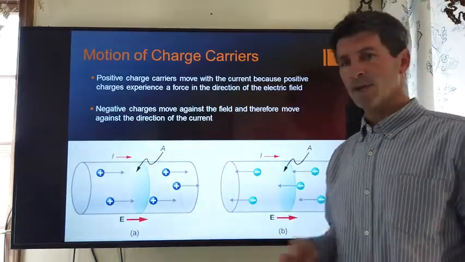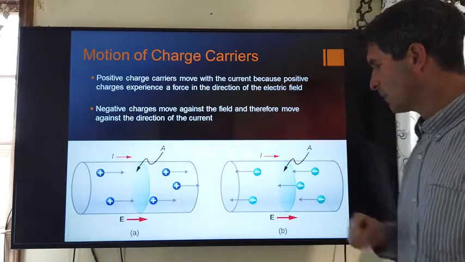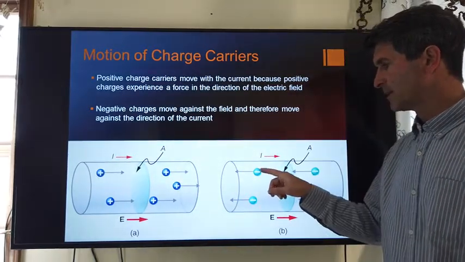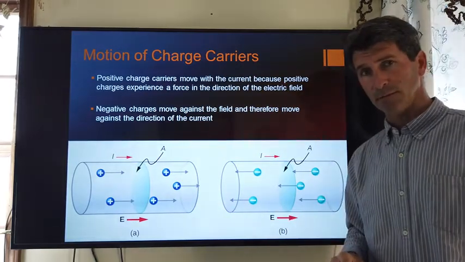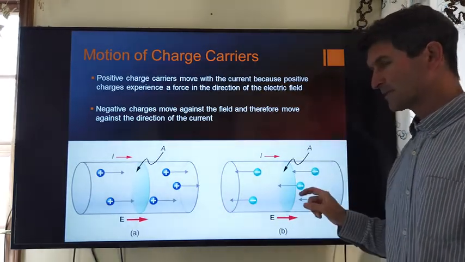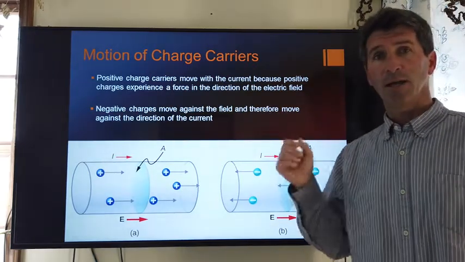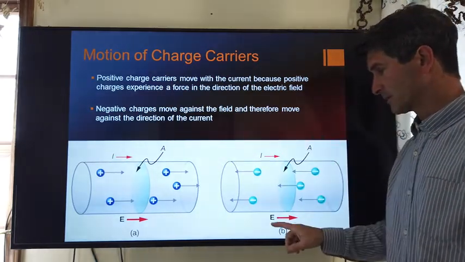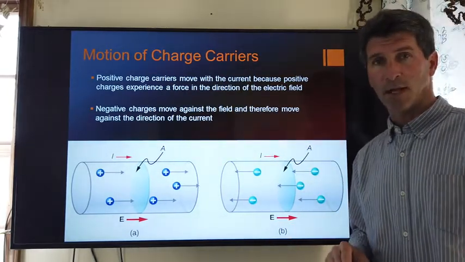Again, the reality is that we're going to have free electrons carrying the charge. Therefore, the negative charges are going to move in the opposite direction of the electric field. Remember, positive charges move with the electric field, negative charges like to move against the electric field. The electric field points in the direction of the current, so the negative charges move in the opposite direction.